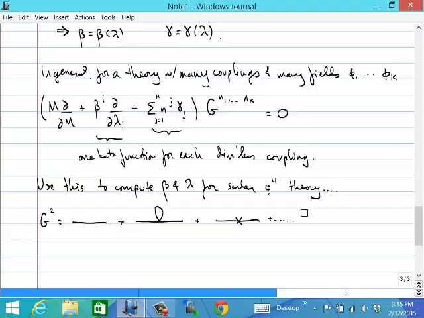And these higher order terms are going to be of order lambda to the fourth. So these terms here are going to be of order lambda squared. Okay, but if you stare at that one loop diagram for a second, you'll see that, let's say we have some momentum p going through here.